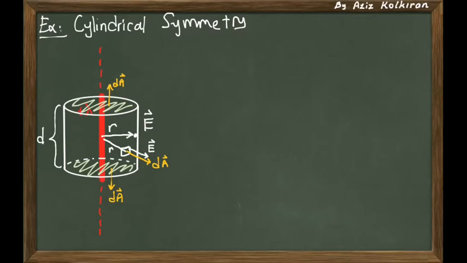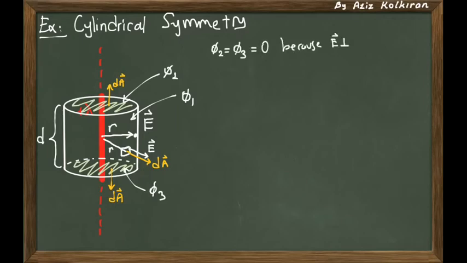So you can easily say that the electric flux through the top and bottom surfaces will be zero. So the only non-zero contribution will come from the side surface. Let's call this flux phi 1, and the top is phi 2 and the bottom is phi 3. So phi 2 and phi 3 are 0 because of the perpendicular directions of the electric fields and the area vectors.